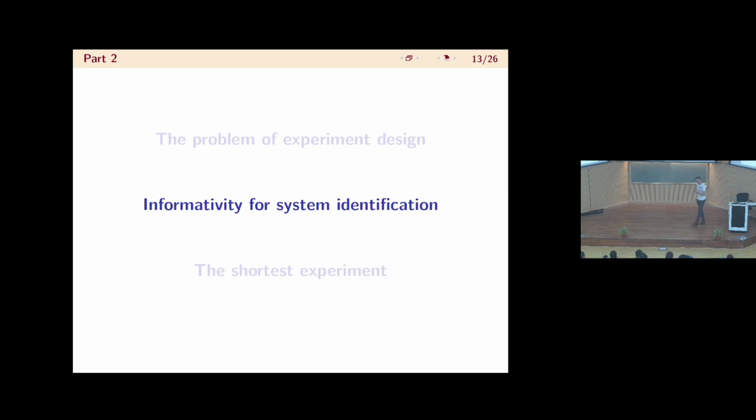To really get a full answer to that question, what I need are necessary and sufficient conditions for informativity for system identification. Exactly the ones that Kanat has described before. So I want to briefly recap those conditions for informativity.